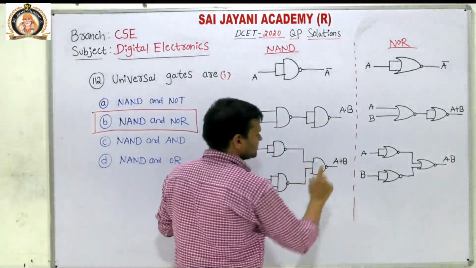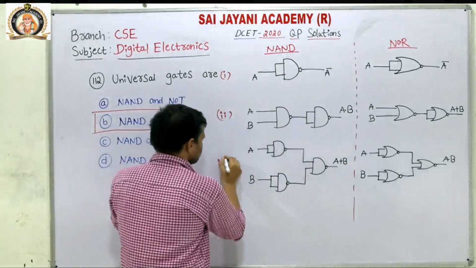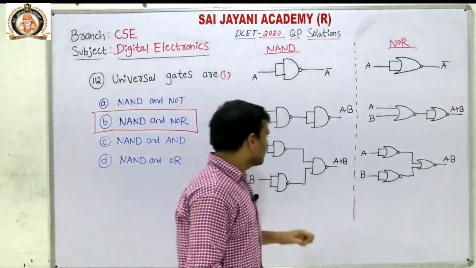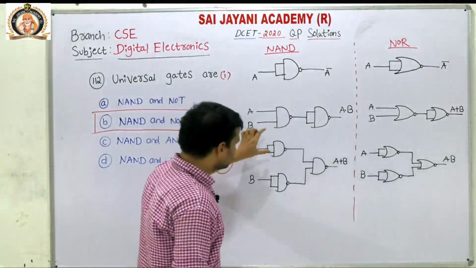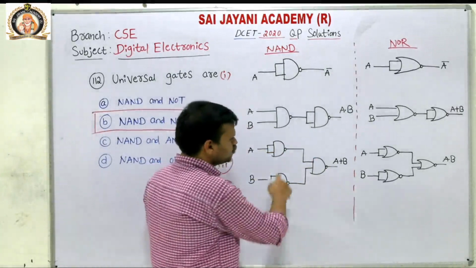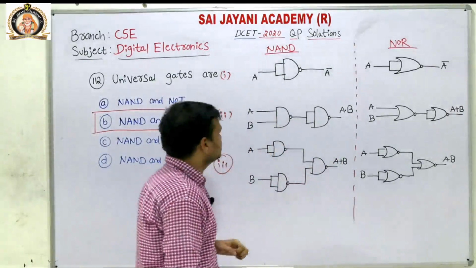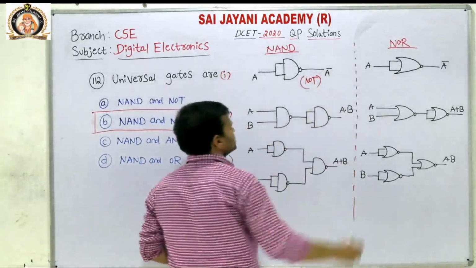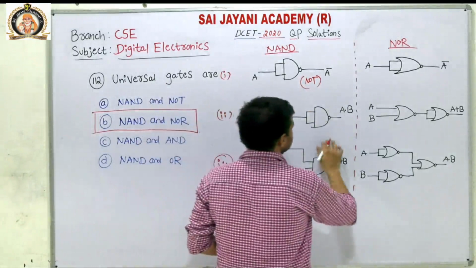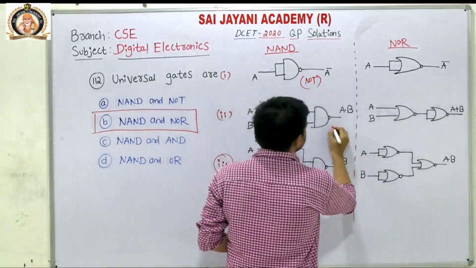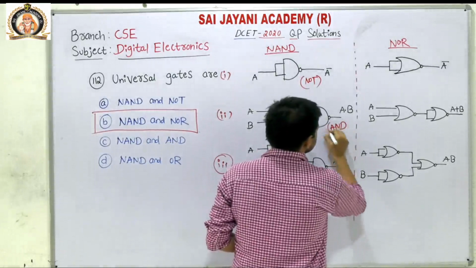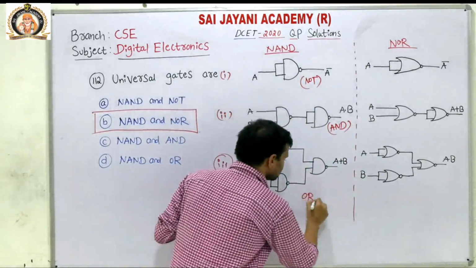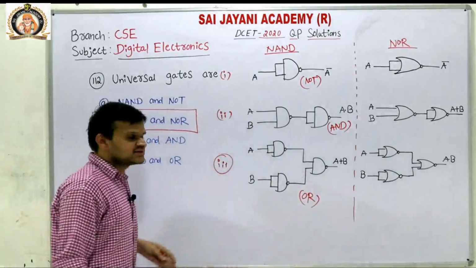Similarly, in the third case, OR function is implemented by connecting two separate single input NAND gates to the two input NAND gate. So the first case does NOT function, the second case does the AND function, and the third case does OR function by using NAND gates.